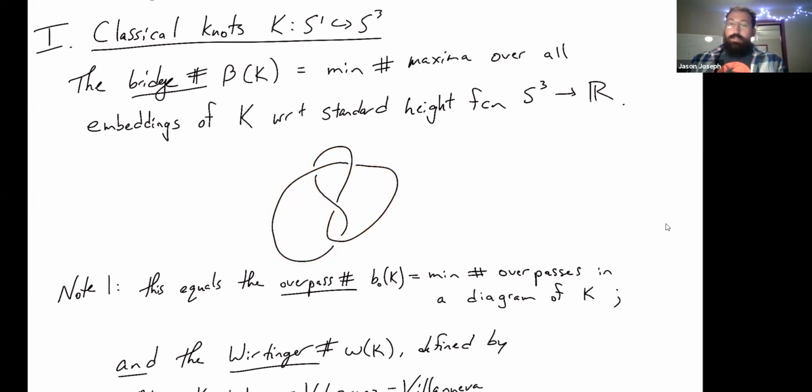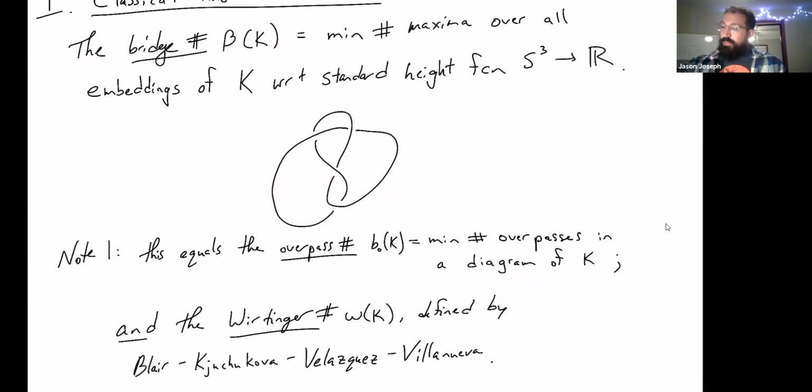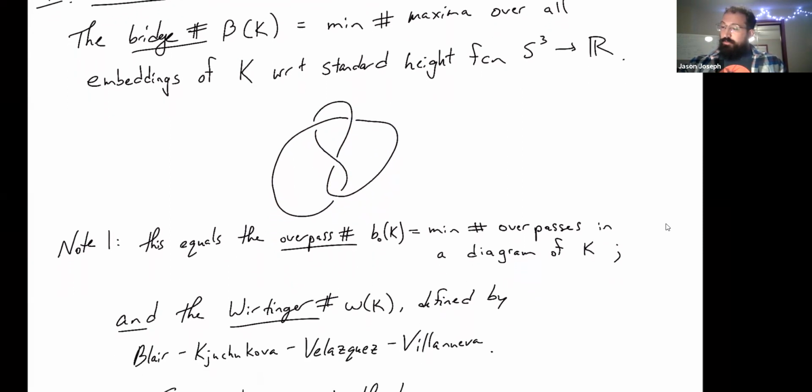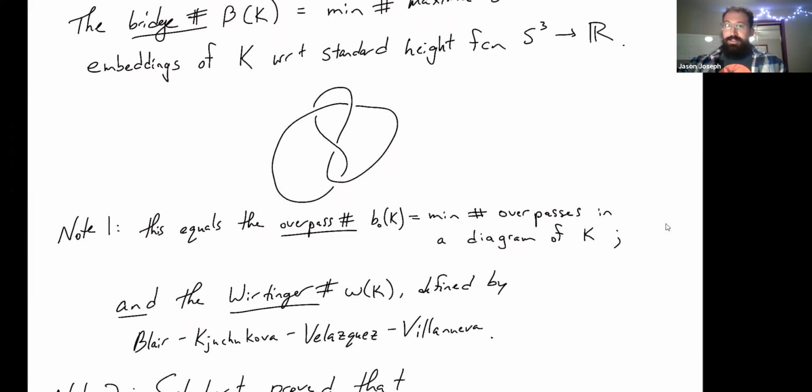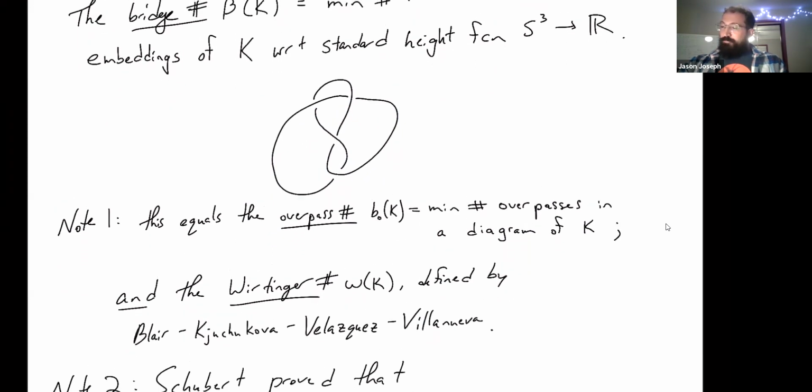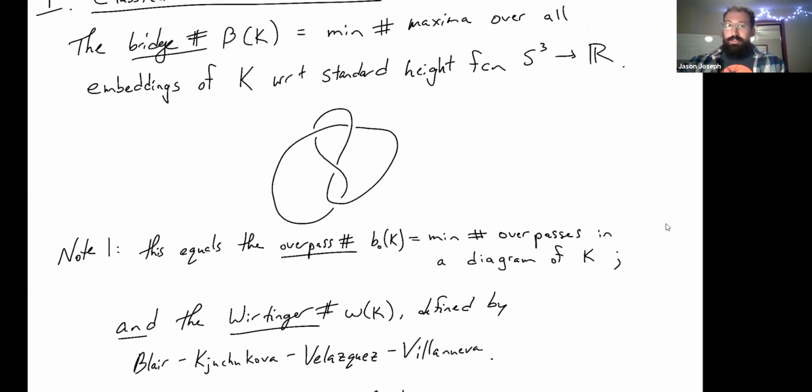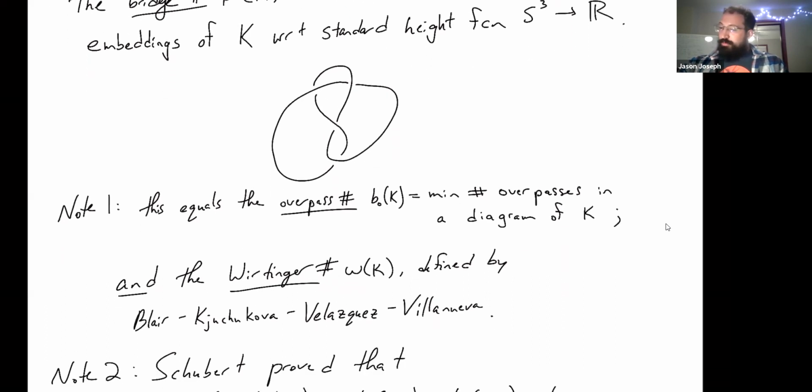And the bridge number is equal to the Wirtinger number, which was defined by Blair, Kjuchukova, Velazquez, and Villanueva. I will define it later on. We're not quite to that point yet, but the bridge number for classical knots turns out to be equal to several other things, so that theme will be important.